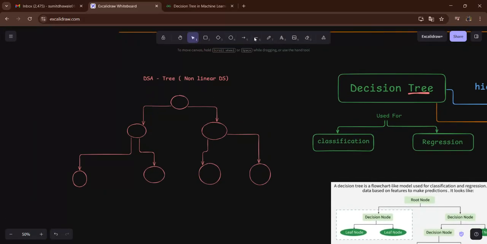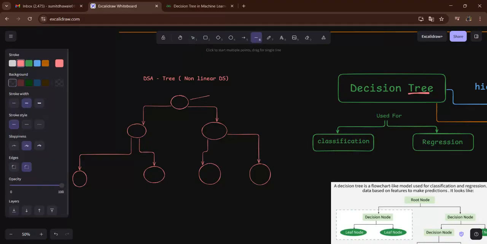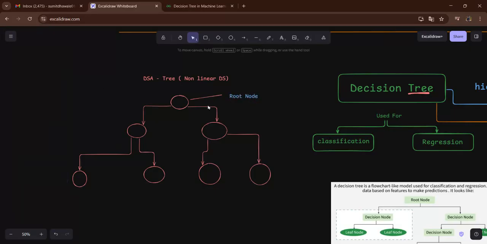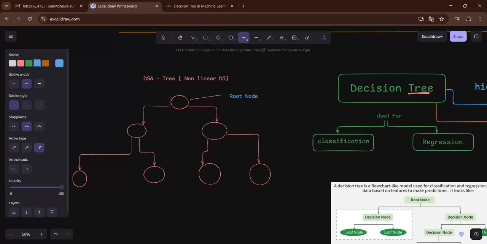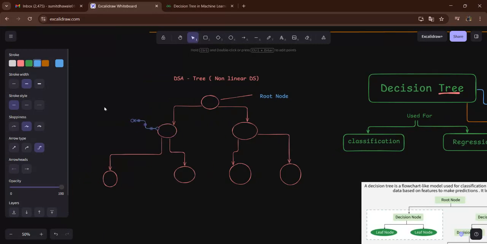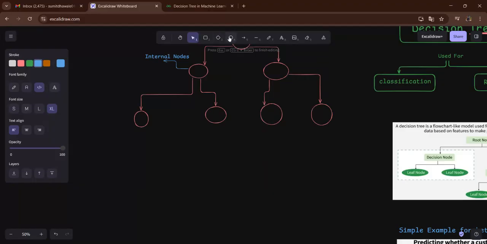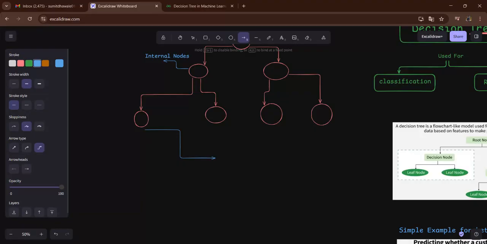Over here, this top node is called the root node, these are the internal nodes, and these are the leaf nodes.